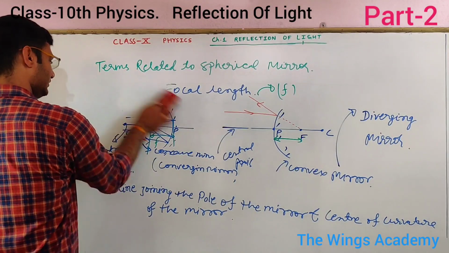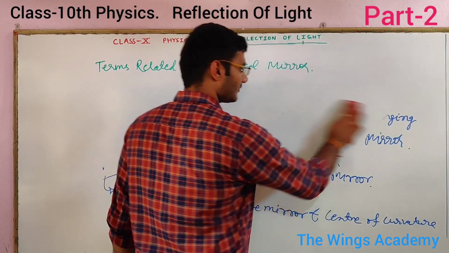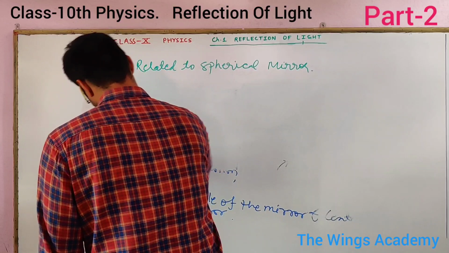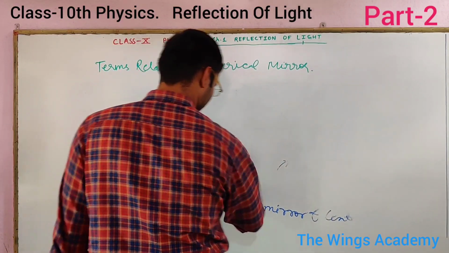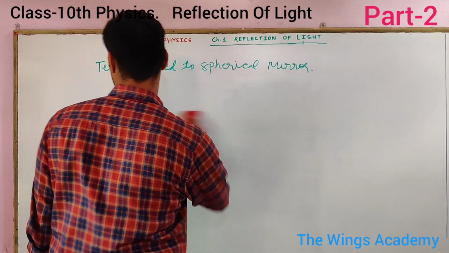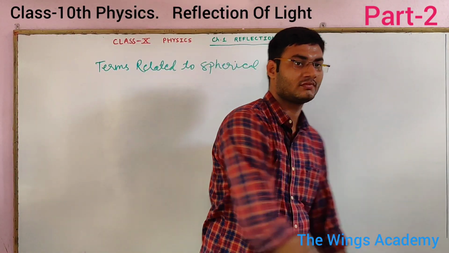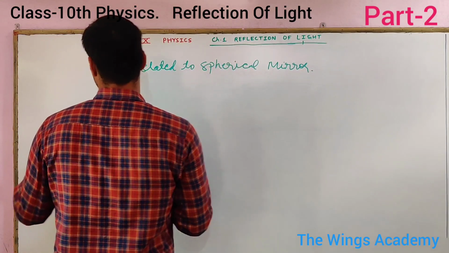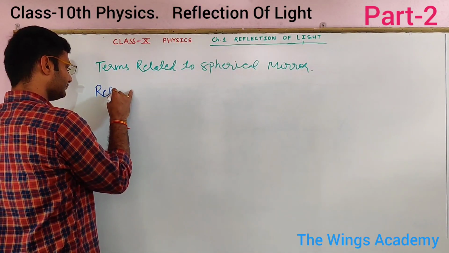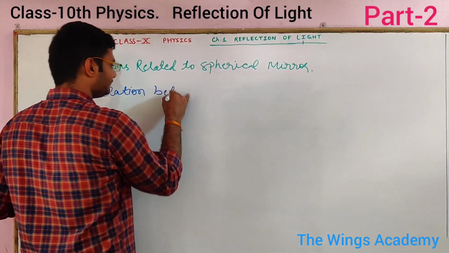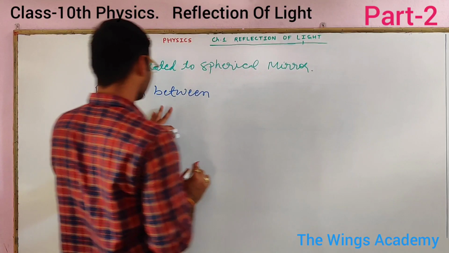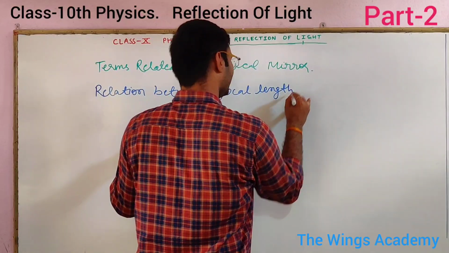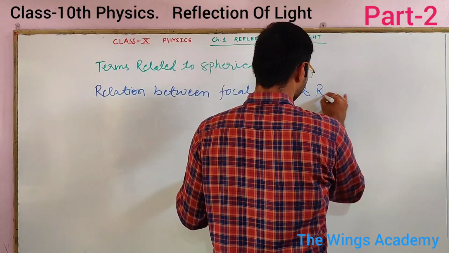So after this, the relation between focal length and radius of curvature.